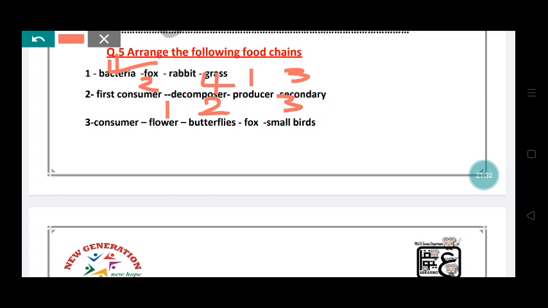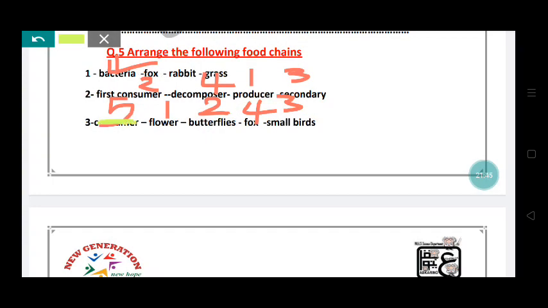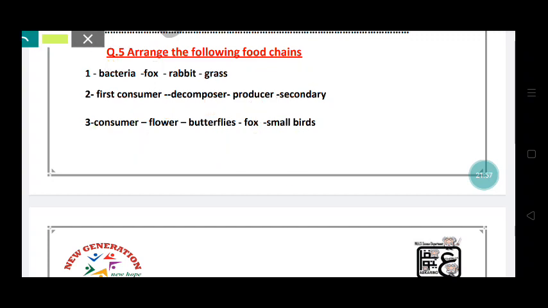Okay. And number 4, fox, excellent. And number 5, decomposers. Okay, so number 5 here, decomposers.